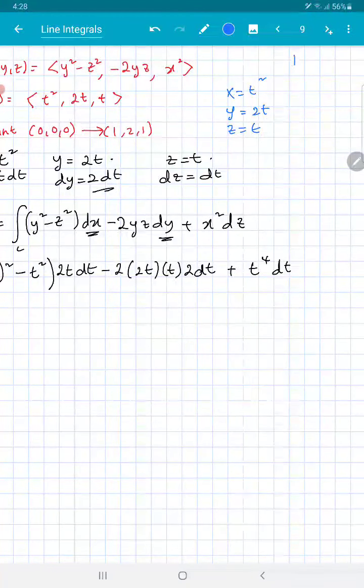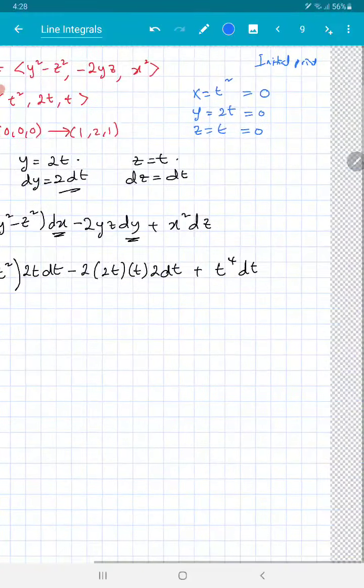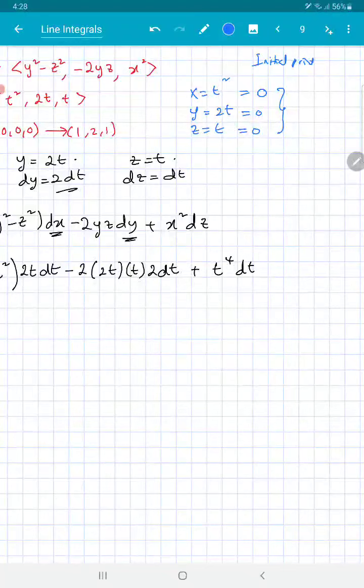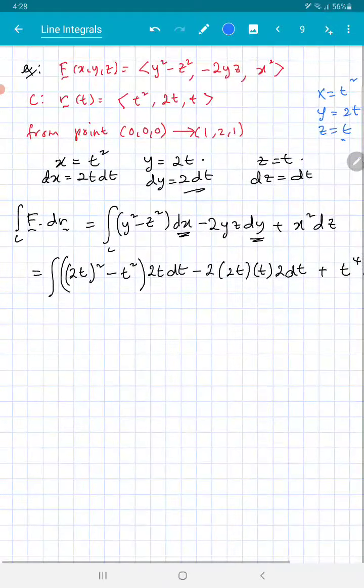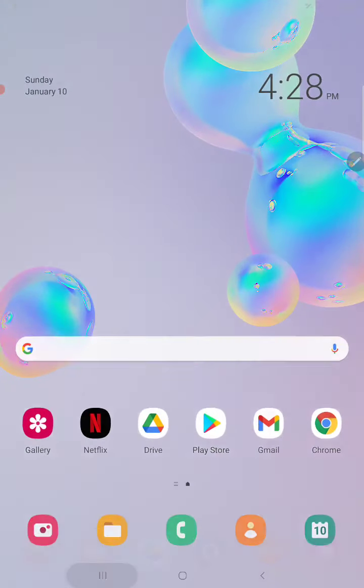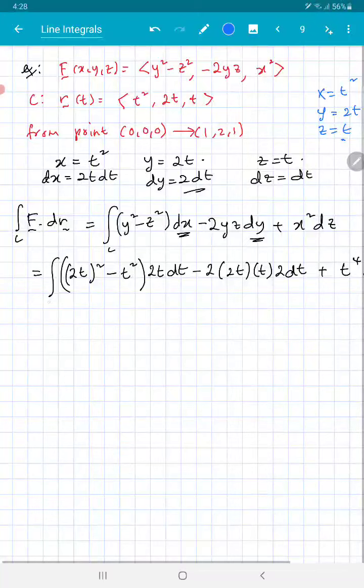Our initial point is at the origin where x is 0, y is 0, z is 0. So straight away you can see that t is 0, because t squared equals 0, and 2 times 0 is 0. Meaning that our lower limit for t is 0.